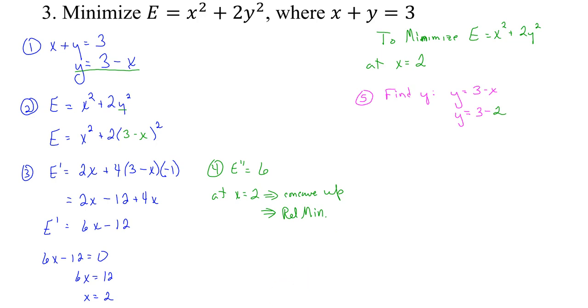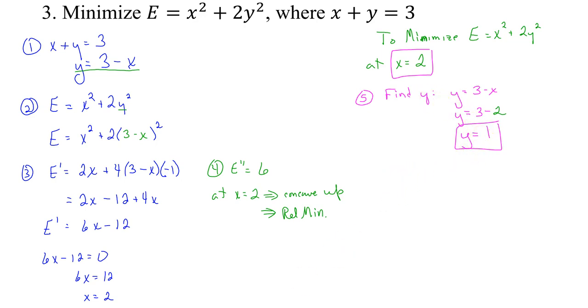And so we discover that to minimize this objective function, we have y is equal to 1 and x is equal to 2. Those two indeed do give me 3, and they will give me the minimum value for this function. I'm not asked to find that minimum value. I'm just trying to find those x and y values.